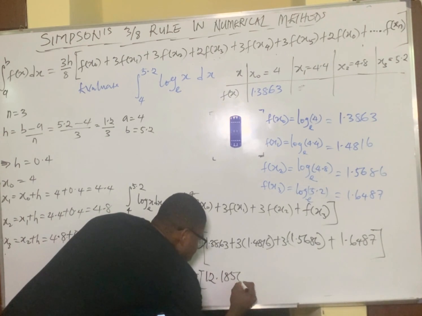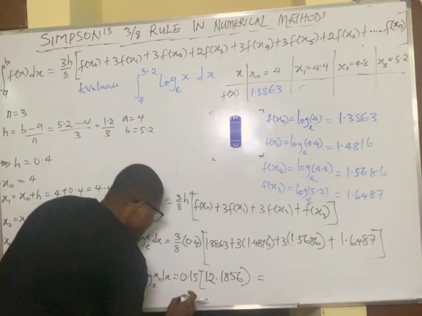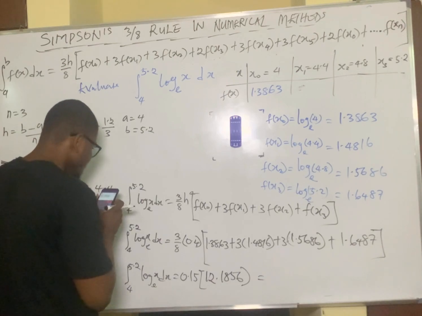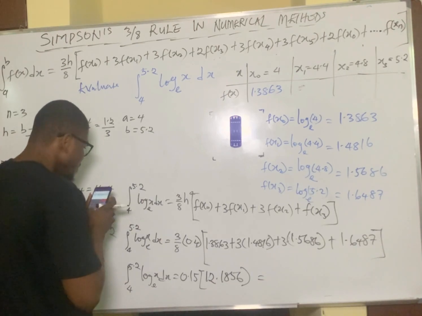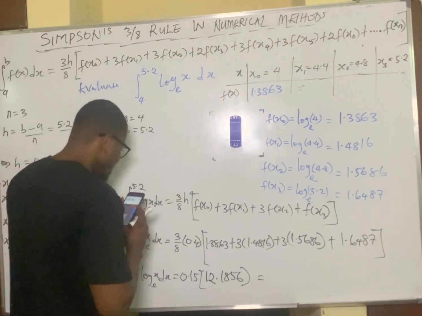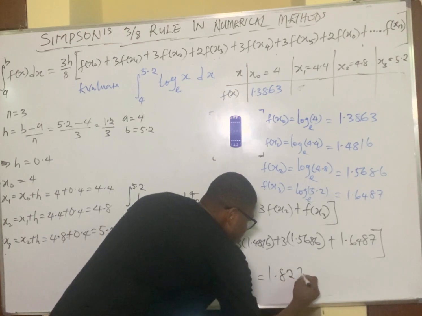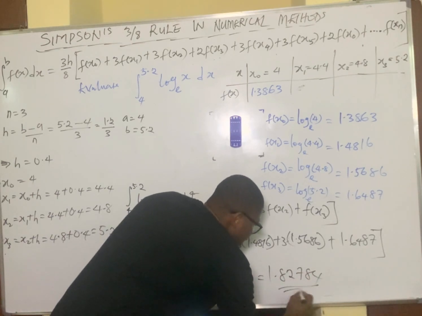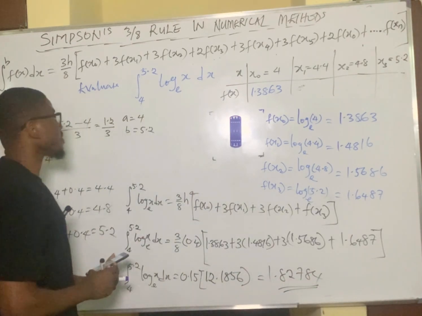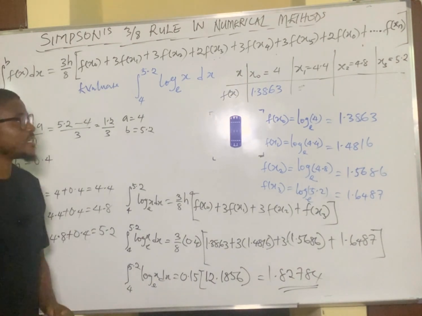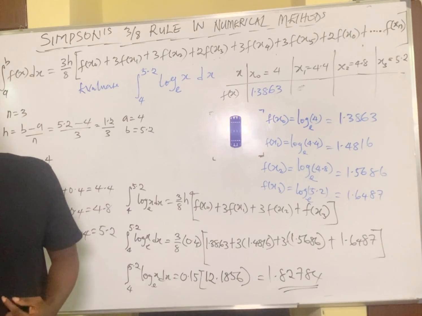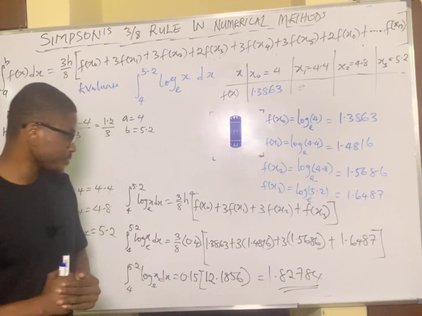If you multiply by 0.15, you simply have 1.82784. And that becomes the result of that integral using Simpson's 3 over 8 rule.